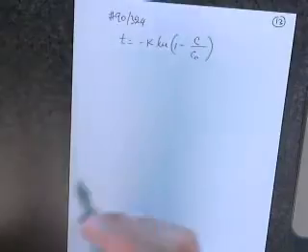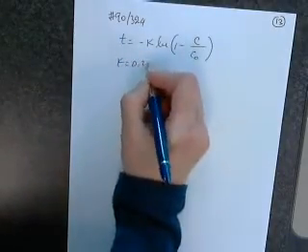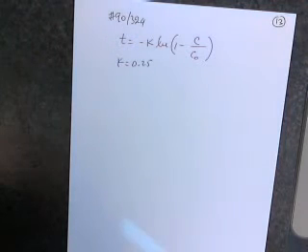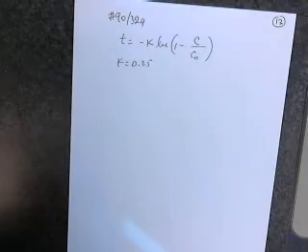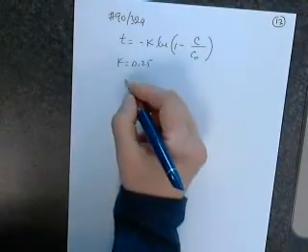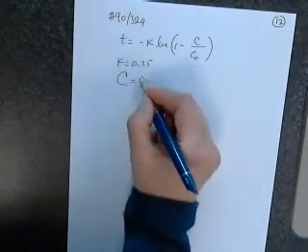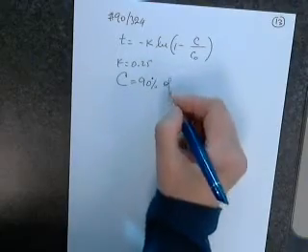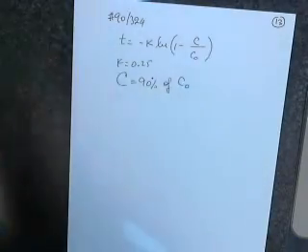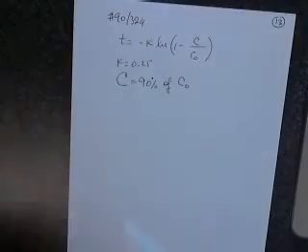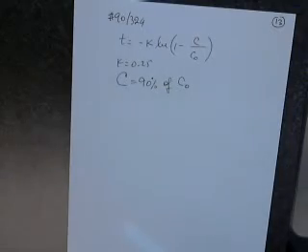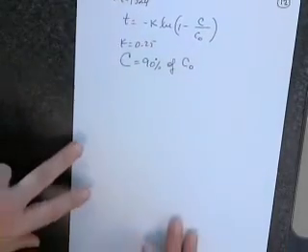For a certain battery, we are given K, 0.25. If this battery is fully discharged, how long will it take to charge to 90% of its maximum charge? So what if C is 90% of C0? When I say 90% of C0, what operation do I mean?